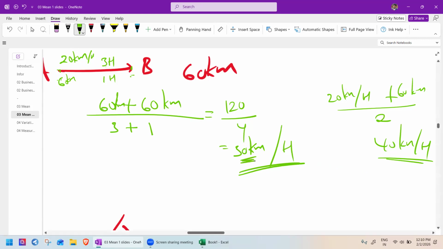Scientifically, 30 kilometers per hour or 40 kilometers per hour? The correct approach is 30 kilometers per hour. When we apply the arithmetic mean, we get 40, which is wrong. And also here we don't know the distance in the question, right?